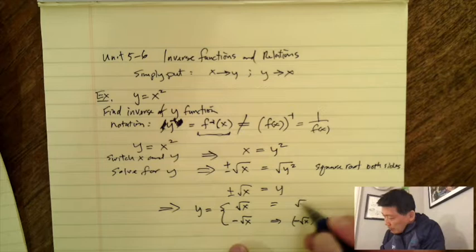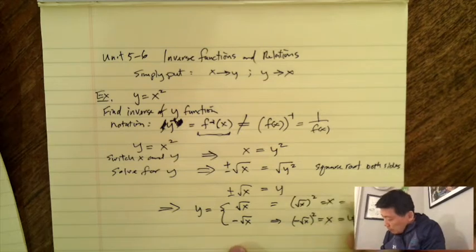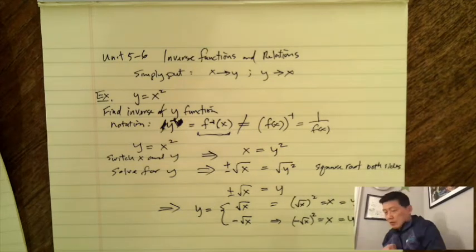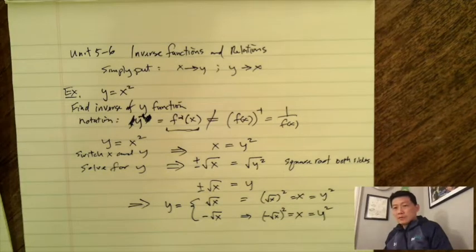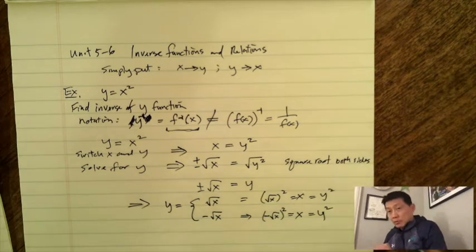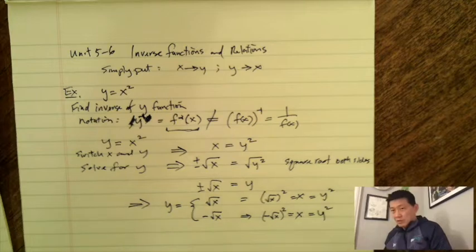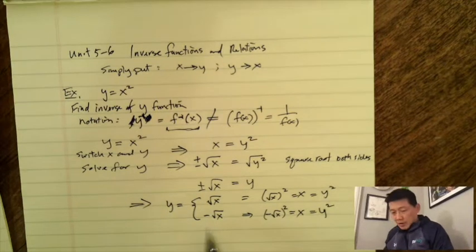Square root of x squared is x, which is also y squared. So both answers can lead you back to the original inverse relation. Okay, so in this case, you have that.